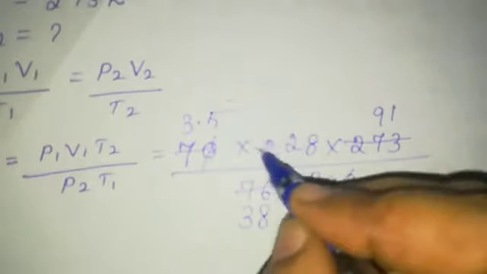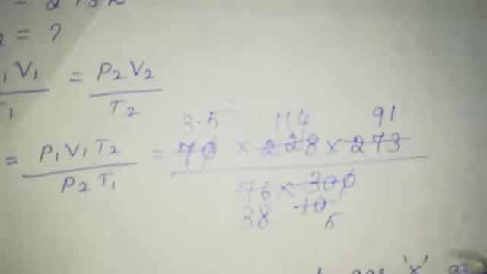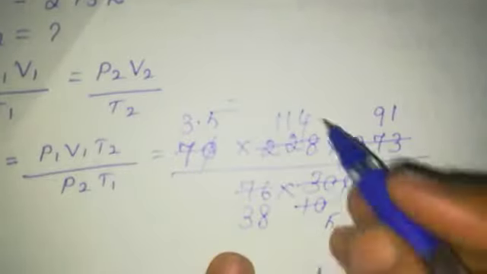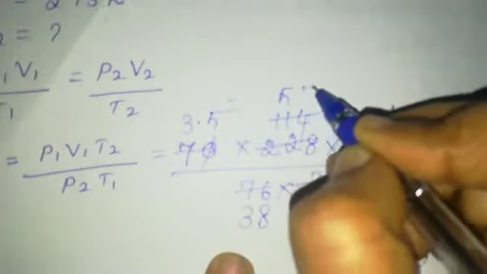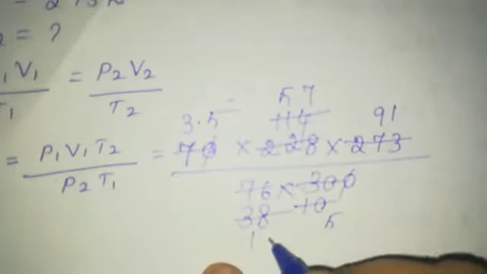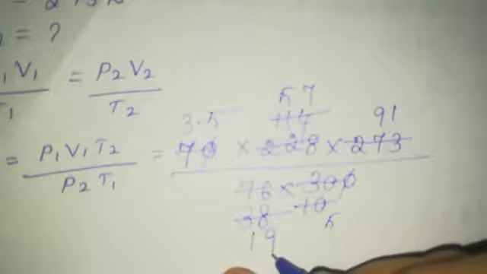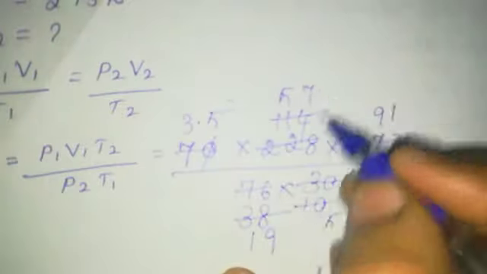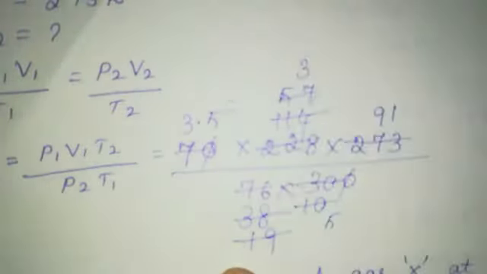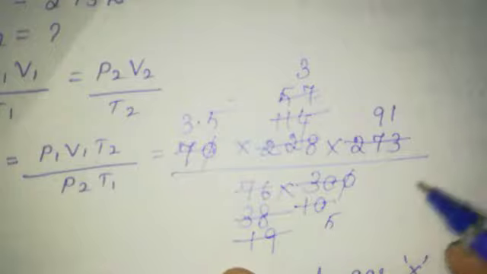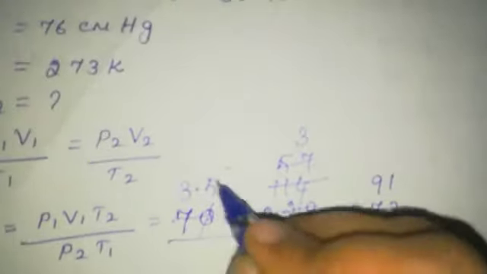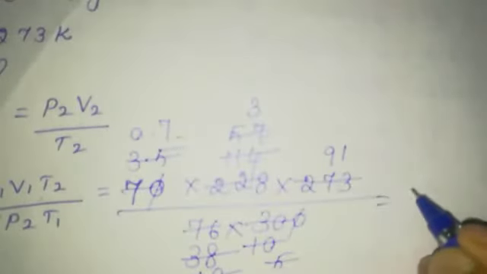Now this 238 goes 114, and again you can use the 2 tables, and this one 19 times. So 19 into 3, you will be getting 57. So 3 here. Now you will be getting the answer: this 5 will go 0.7, so 0.7 into 3 you will be getting as 2.1.